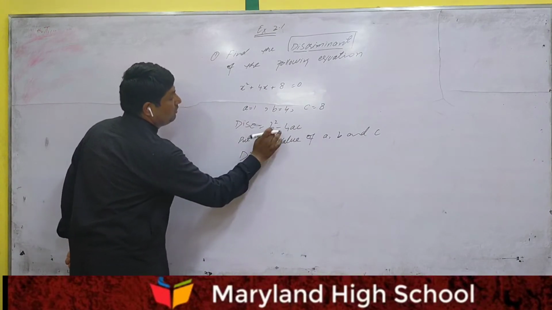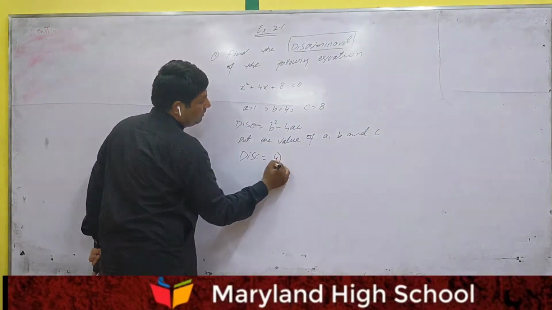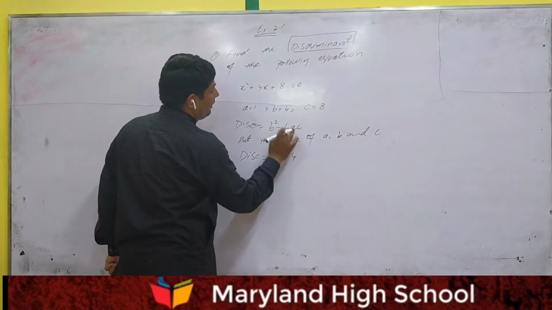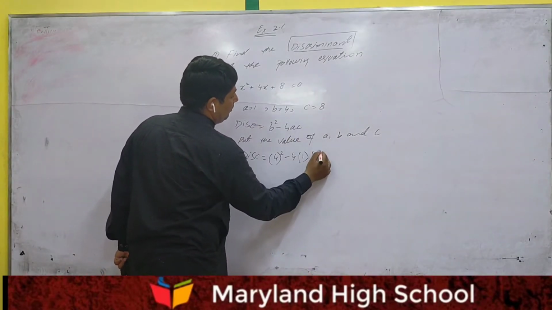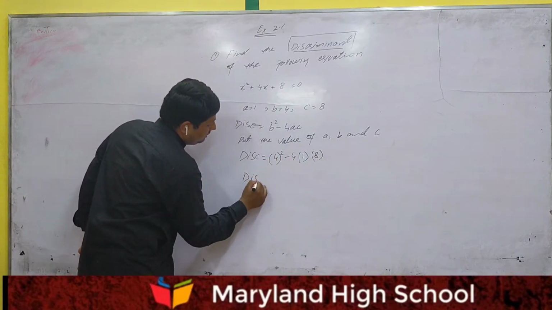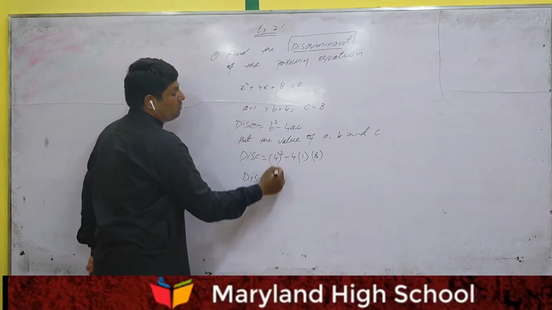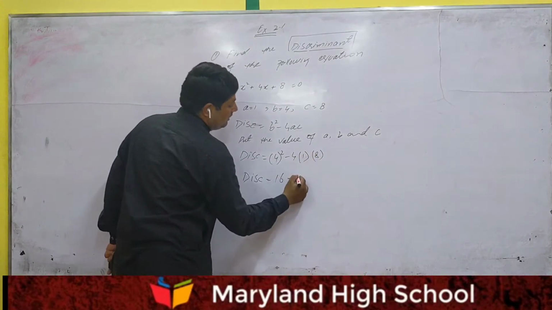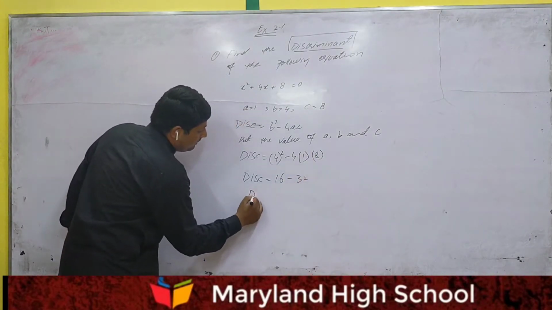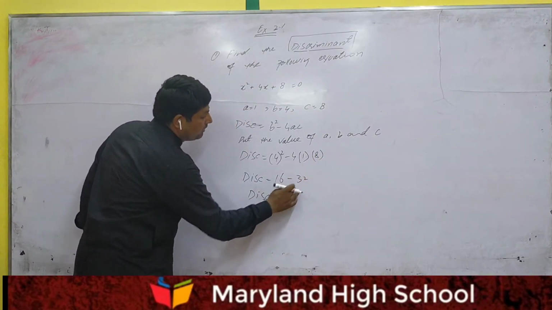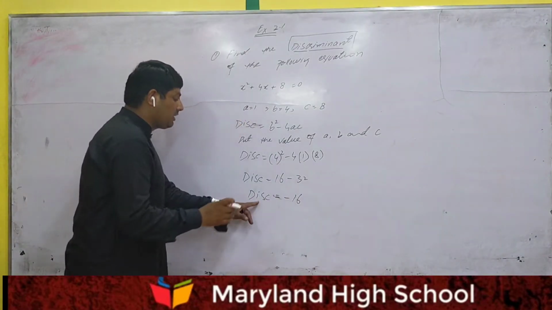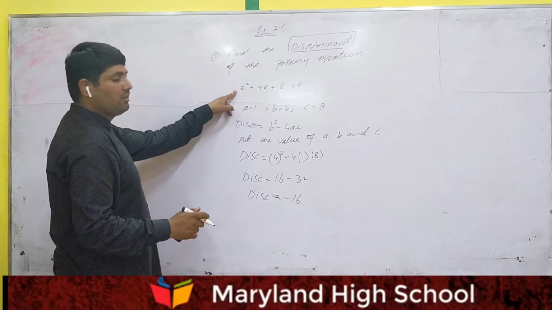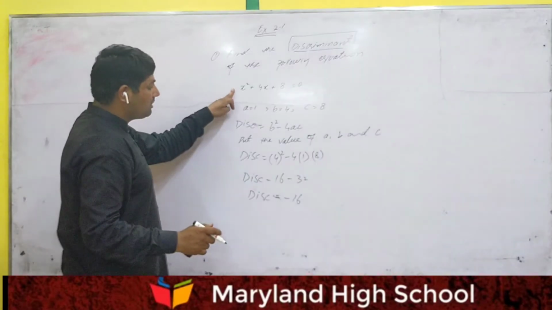This is equal to, the value of b is 4 and square, minus 4 into a is equal to 1, c is equal to 8. This is equal to 4 square 16 minus 32. The solution of 16 minus 32 is equal to minus 16. This is the discriminant of this equation.